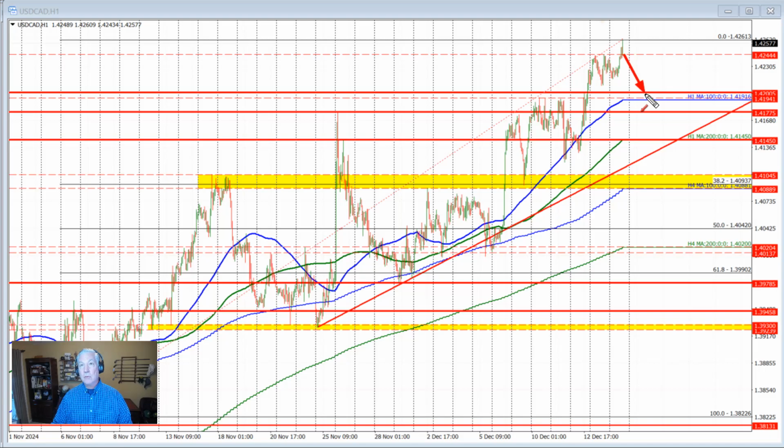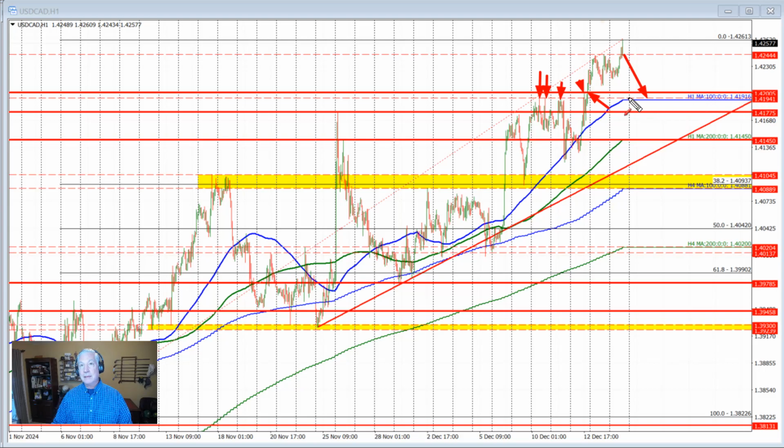And then we start to look toward the 142 level, and more specifically this ceiling right through here where we had 1, 2, 3, and then we had the 142 level up here as a high right here. All these highs form this ceiling before breaking to the upside in Thursday's trade and staying above those levels. So we need to get below the 142, even down to the 141.91 level.